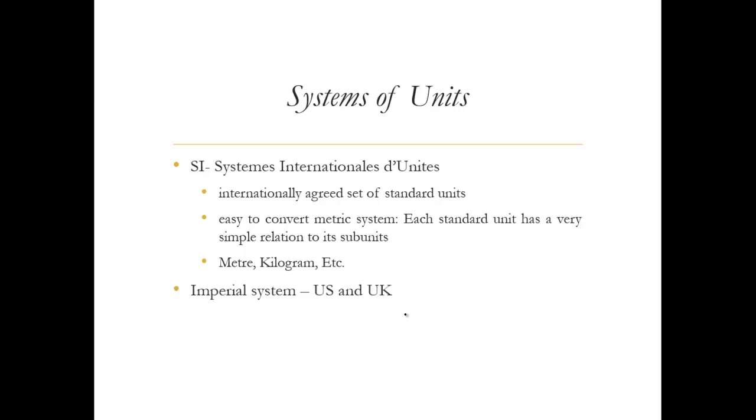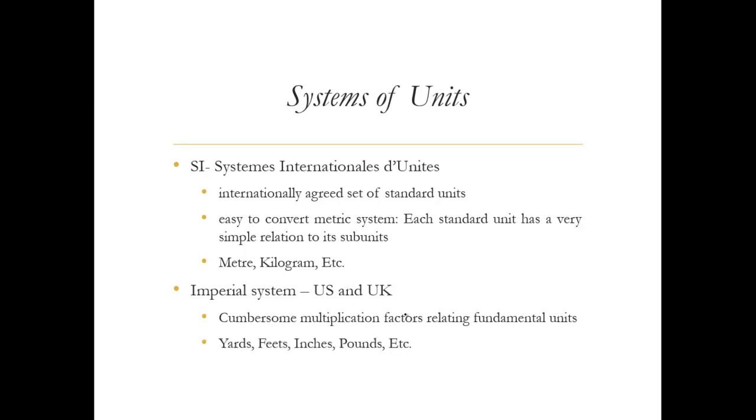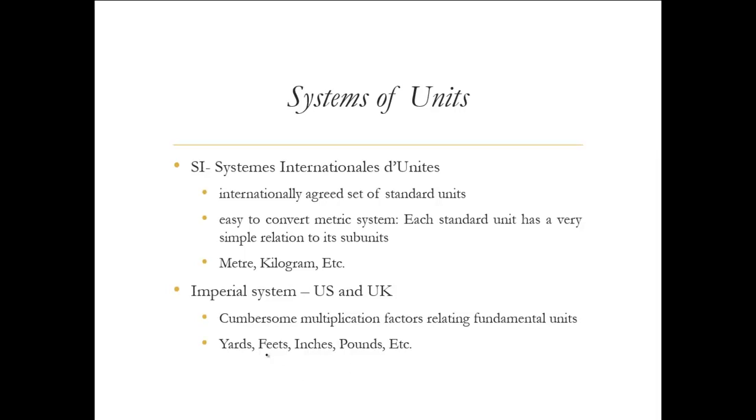But as an example, there was also the imperial system that was practiced in the US and UK, where we had cumbersome multiplication factors relating the fundamental units. It was very difficult. We have basic definitions like yards, feet, inch, pounds, etc. Say, for example, the conversion between feet and inches. 12 inches is equal to 1 foot, so the conversion factor is 12.